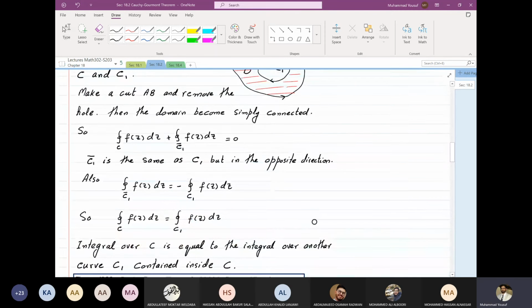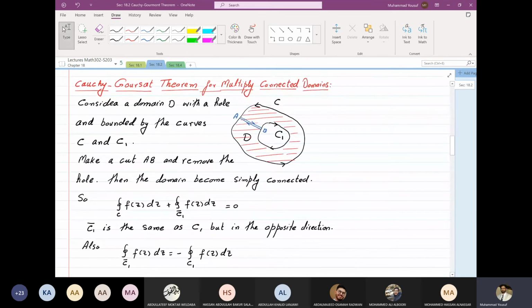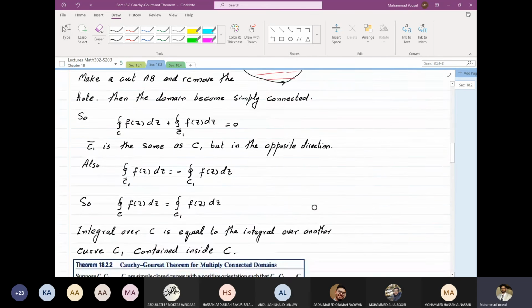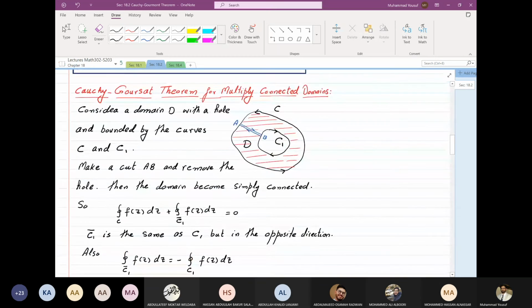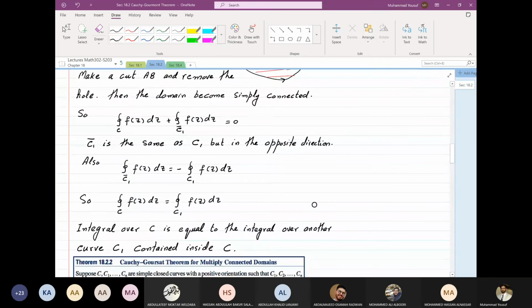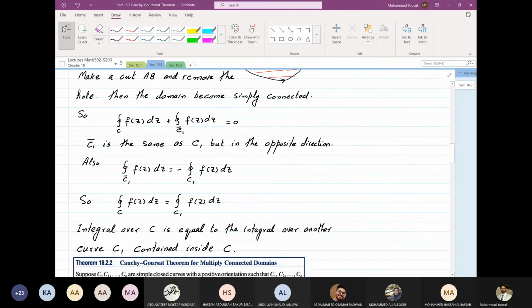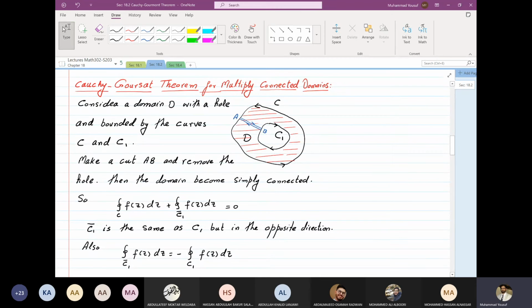So from this, for a doubly connected domain, we can apply the Cauchy-Goursat theorem, but after making a cut. And what we learn from this is that for a domain which has a hole, the integral over C is equal to the integral over another curve which is inside C. You can see here that C is the outside curve and C1 is the inside curve.